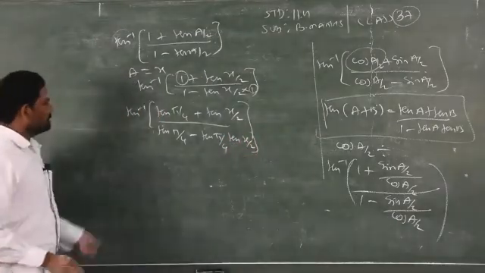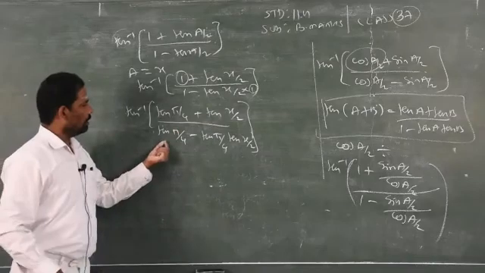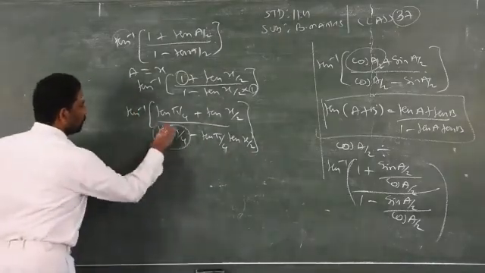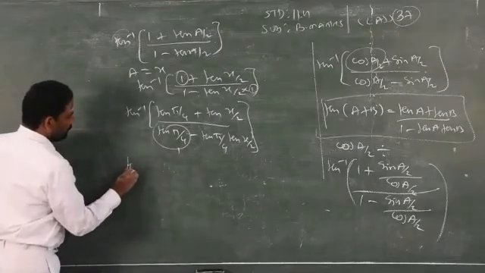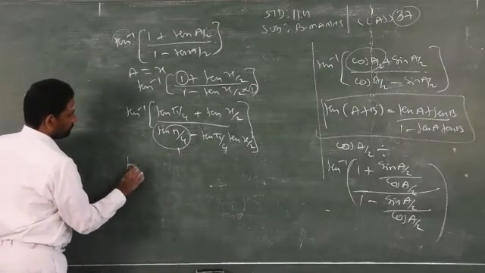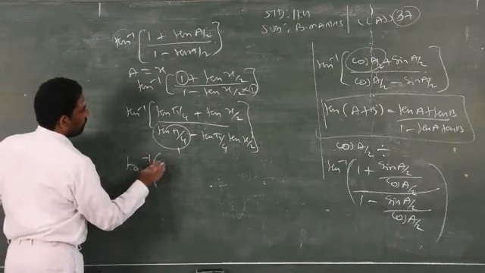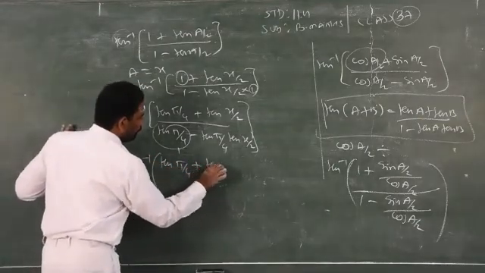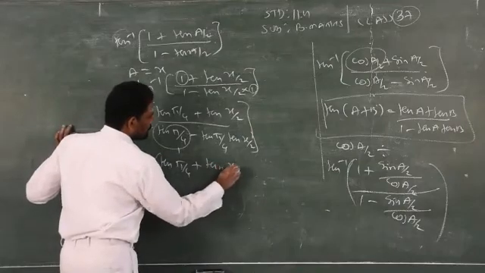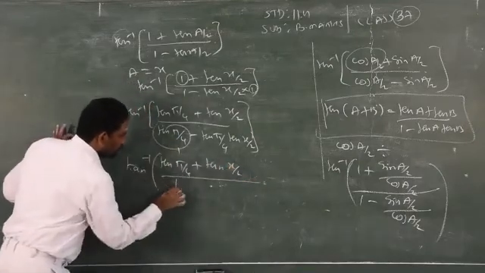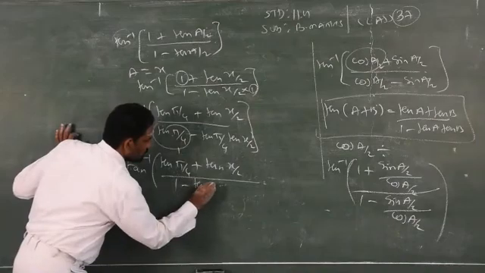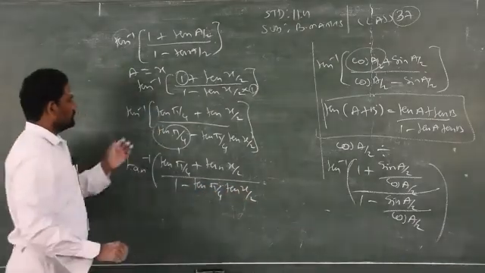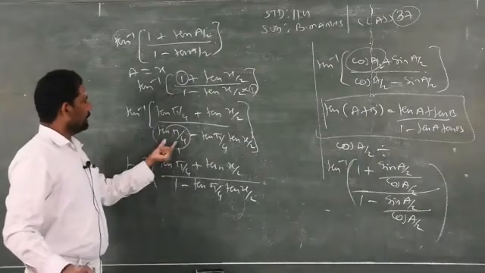Clear? Now you can see this is tan a plus tan b by 1 minus tan a tan b. So tan inverse of tan pi by 4 plus tan x by 2 over 1 minus tan pi by 4 tan x by 2. Just for your understanding purpose I replaced this by tan pi by 4.